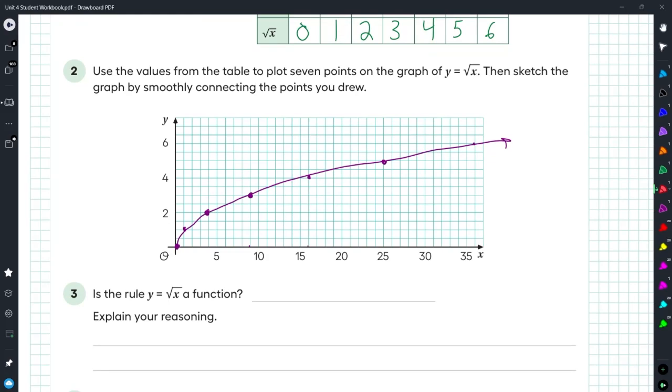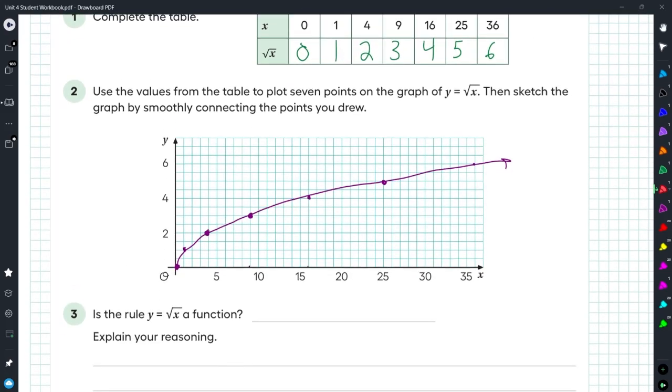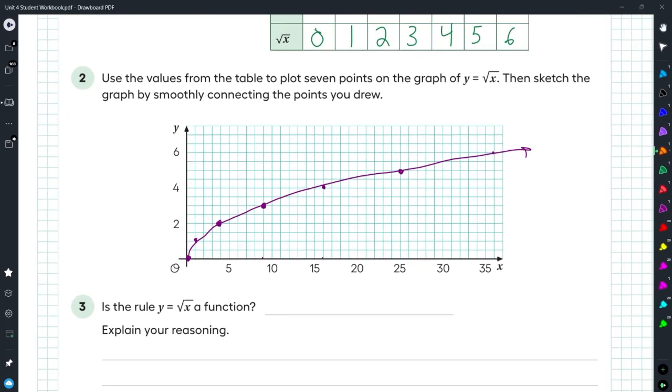Now, when we look at this, I want you to notice that there are no negative y values. We can't take the square root of a number and get a negative answer. So I want us to write that here.